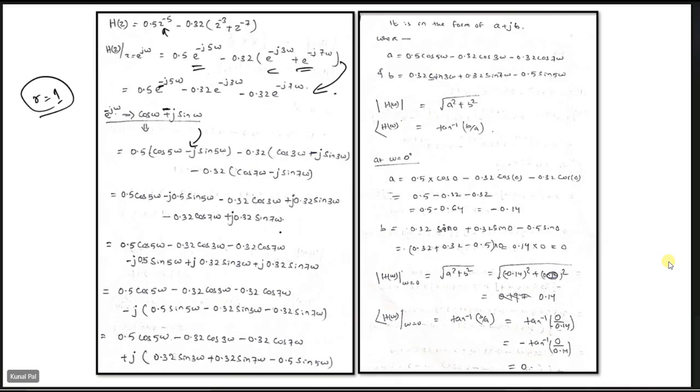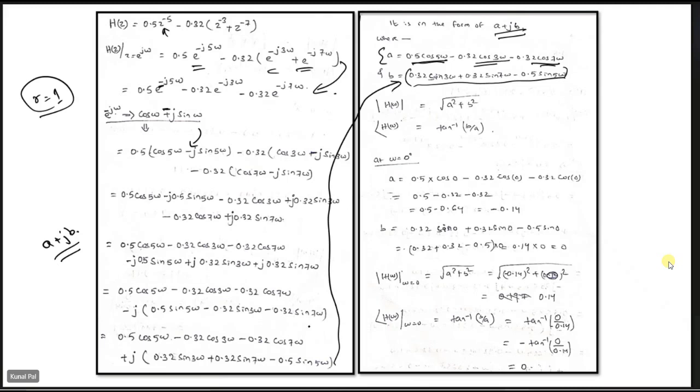Once you get these values, you can sort it out in the form of a plus jb. Here a is given by 0.5 cos 5 omega minus 0.32 cos 3 omega minus 0.32 cos 7 omega, and the b component is given by this thing, which is the complex part.